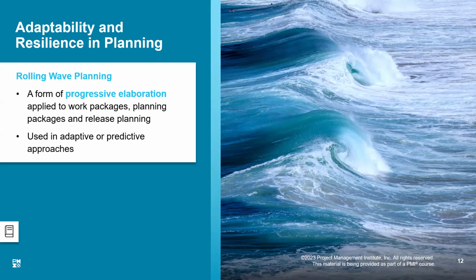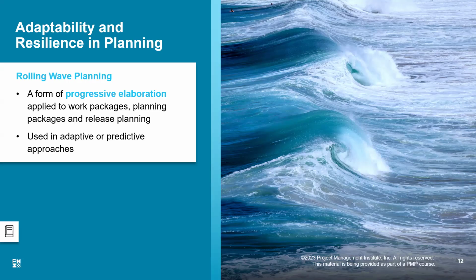What is the meaning of progressive elaboration? Progressive. Meaning as the project moves on, let's say we're at the second sprint, it's only at the second sprint that we flesh out the details for the requirements that need to be developed at that point.